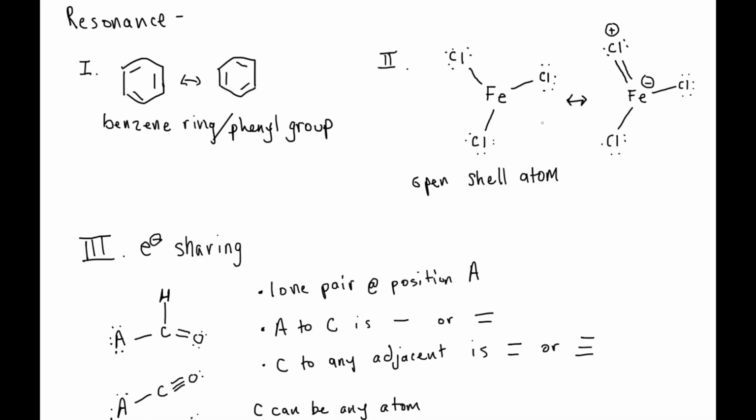Okay, we also have open shell atoms. This is referring back to the octet rule. So we see this iron, the Fe, has 2, 4, 6 electrons around it, and thus has an open shell. It does not have 8. And therefore, the chlorine can push a pair of electrons down. Let me show that.